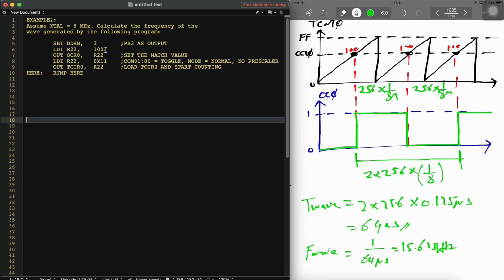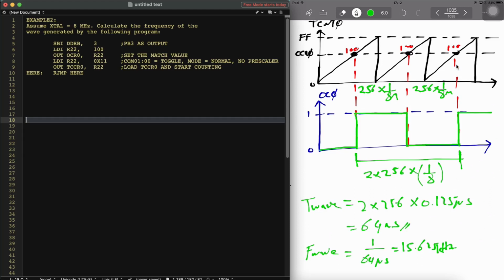So this is the wave that we are generating according to this code. We can see that in normal mode, when a match occurs, the OC0 pin toggles and the timer continues to count up until it reaches the top value. So 100 up to 255, and then down, overflow to 0, and then you can see how the waveform is generated accordingly. So this was the first example.